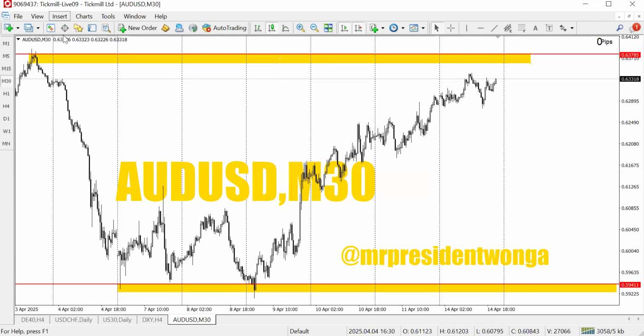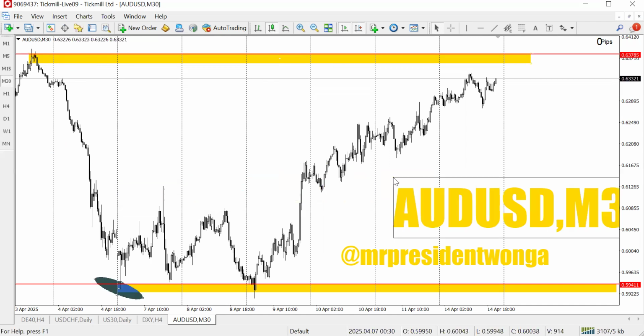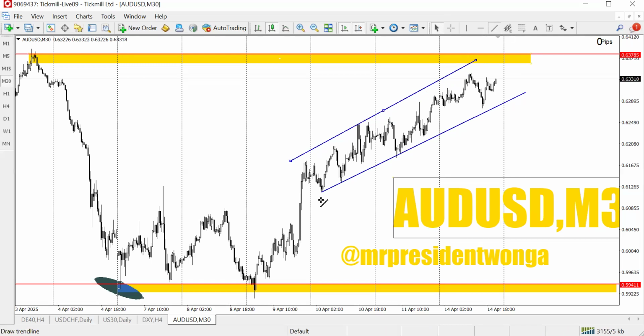So what am I marking? I am marking the highs and I'm marking the lows. I'm marking this high and I'm marking that low. So that when I pull off a Fibonacci, you can see this movement here. This movement now is some sort of a compression. Maybe we can call it a staircase, or a spring.